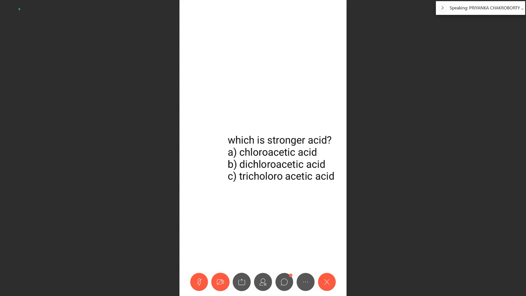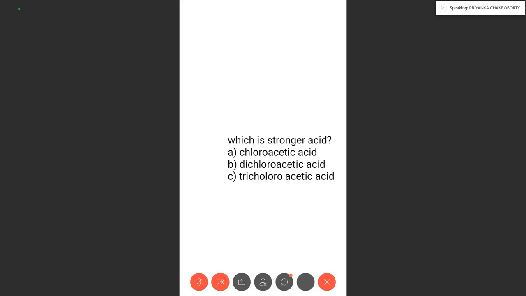Cl is an electronegative atom. It attracts the electron cloud towards itself. So it enhances the stability of the carboxylate anion by attracting the electron cloud towards itself, and that is why chloroacetic acid is more acidic in nature than normal acetic acid.